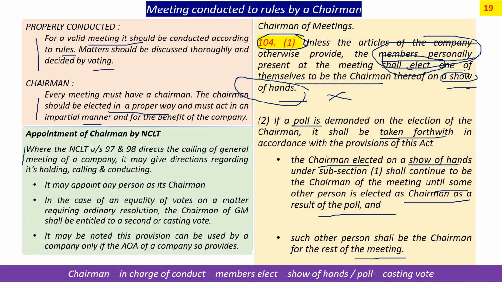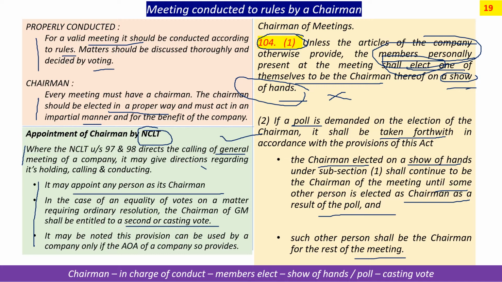Whenever a company is not able to hold its general meeting or extraordinary general meeting, the National Company Law Tribunal can pass an order to call a meeting. In such meetings, the order may also indicate who can be the chairman and what will be his second or casting vote in the absence of equality of votes.